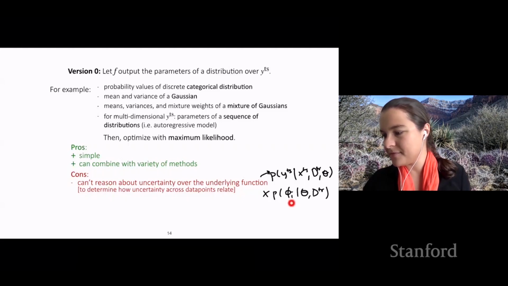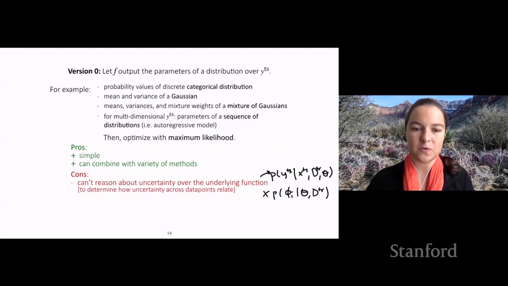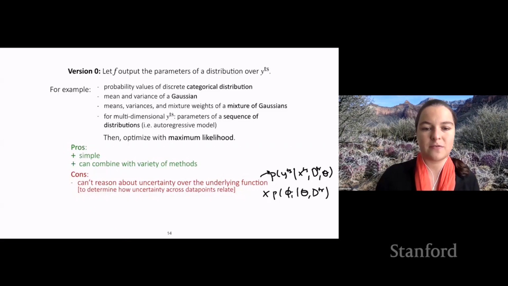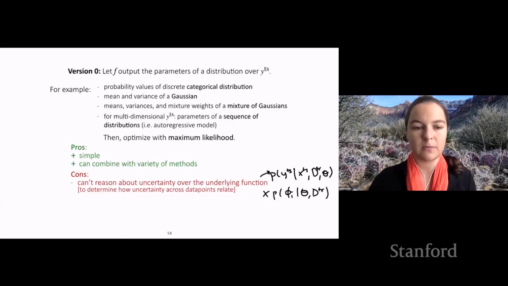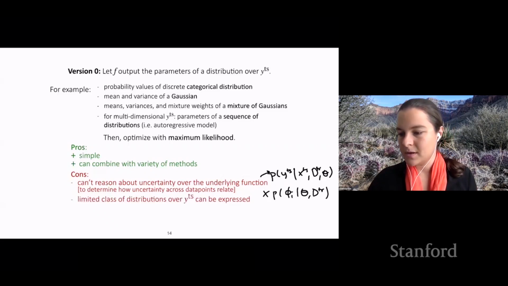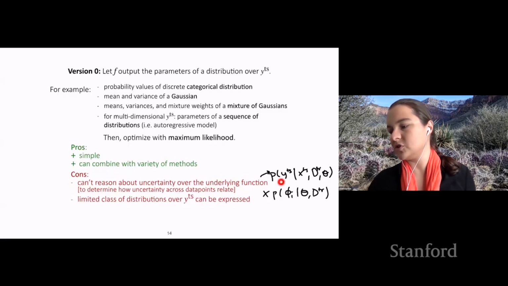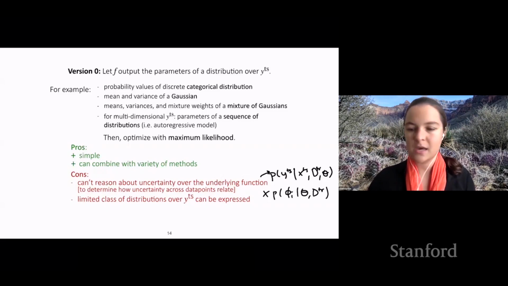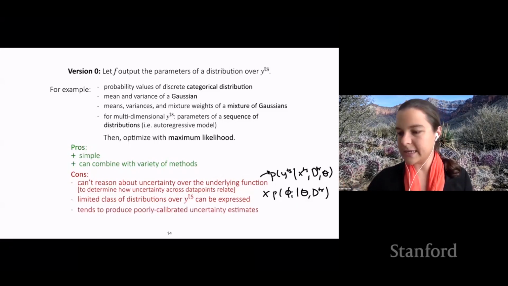And it'd be nice to have this distribution because this allows you to think about the underlying function rather than just the individual data points. There's also a limited class of distributions that you can represent over y test. If you instead represent a distribution over phi i, then you may be able to get a more expressive distribution over y test.